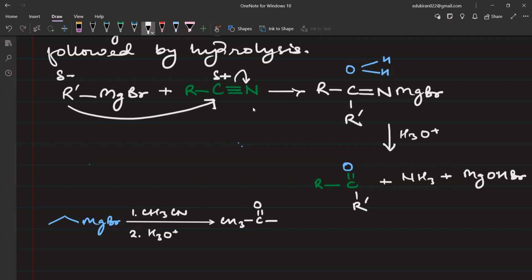CH3 और वाटर से आ चुका है. Then you have ethyl group here, so you have one carbon atom and then CH2CH3. ठीक है, so this is the ketone.